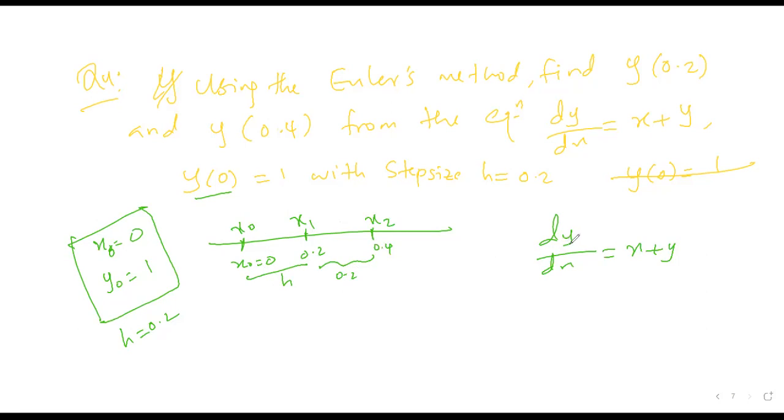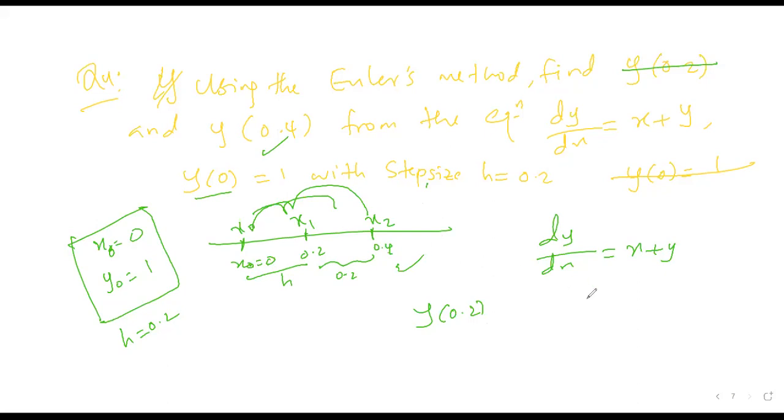In the question, they may go like this. Sometimes let's say they ask without y of 0.2, but they ask for y of 0.4. But actually your x naught is 0, so you have to go 2 steps yourself. You can't simply use this x naught to go to x equal to 0.4, because this is a single step method.